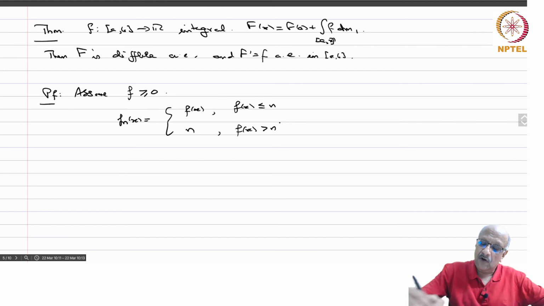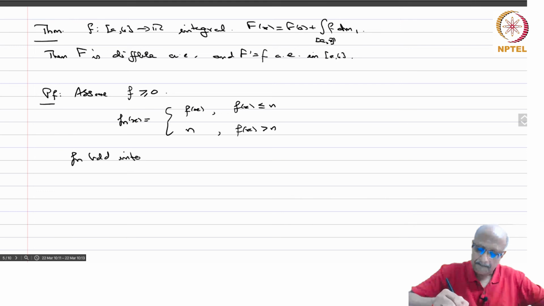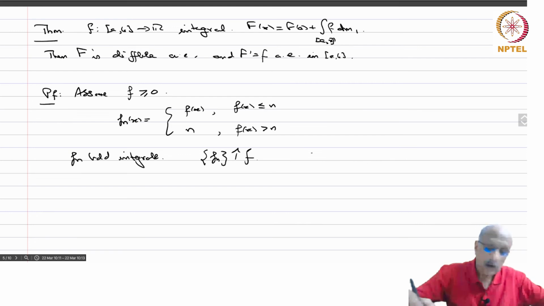So we cut it off at the value n. Then f_n is bounded, integrable, and f_n increases to f. So f minus f_n is non-negative.